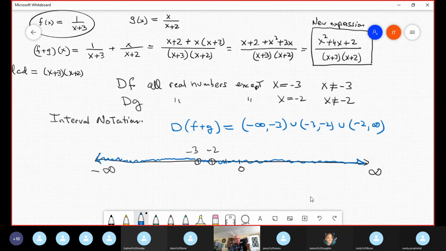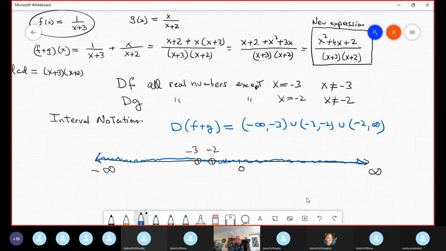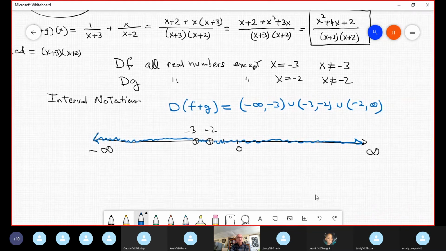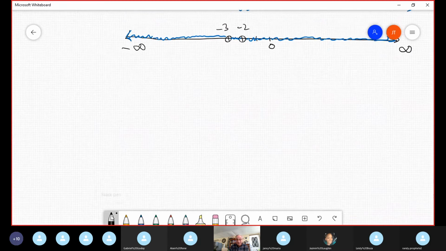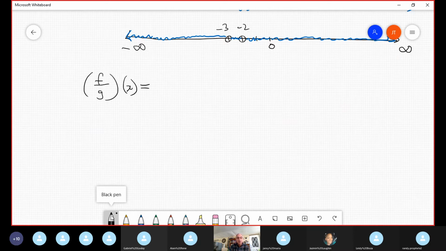Let me try now to explain one problem of division. Division brings a new situation. Division is a little bit different. Suppose exactly the same functions, but I ask you in the test for f divided by g of x, expression and domain.